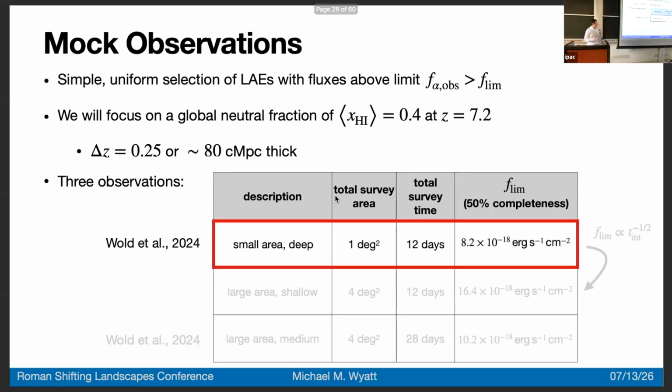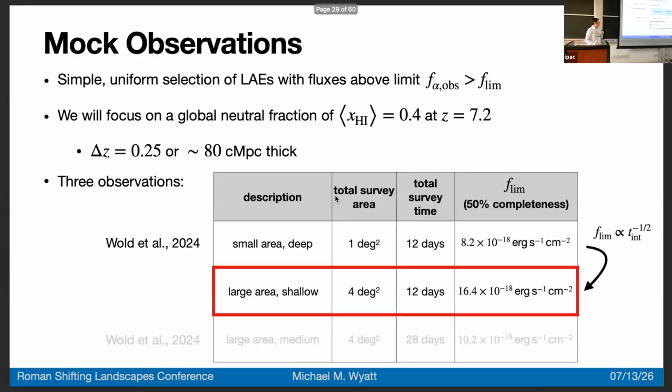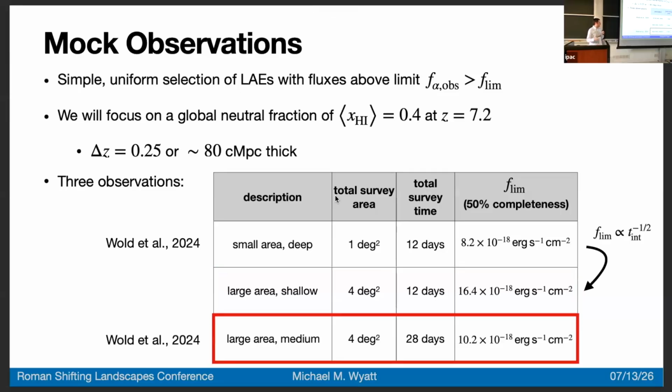The first I'll call the small area deep survey, which is around a degree squared with a total observing time of around 12 days. The next is larger but shallower, about 4 times in area, but the same amount of survey time. And the third is somewhere in between, again a 4 degree squared survey area, but this time a longer survey time.